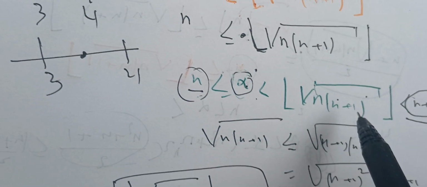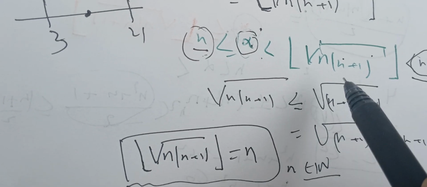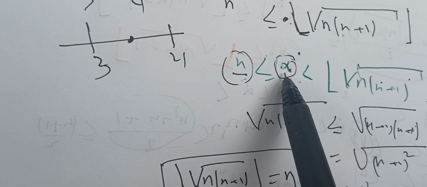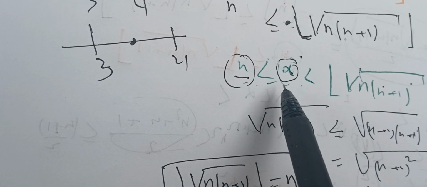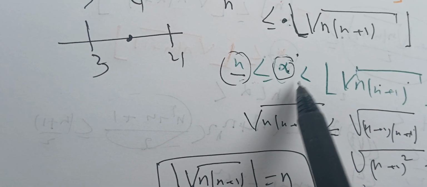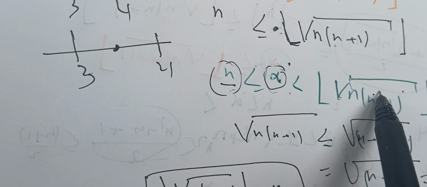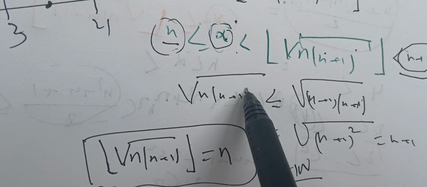See the steps here; I tried to explain them. There is no smaller value than n, or bigger value than n, that can be the floor of this, because of this ordering.